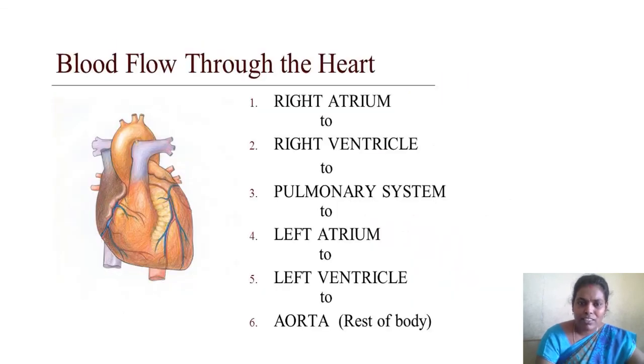Look here to understand easily. First of all, the blood reaches the right atrium and from there to the right ventricle through the aperture, and from the right ventricle to the pulmonary system, that means the blood vessels which reach the lungs, the pulmonary arteries.